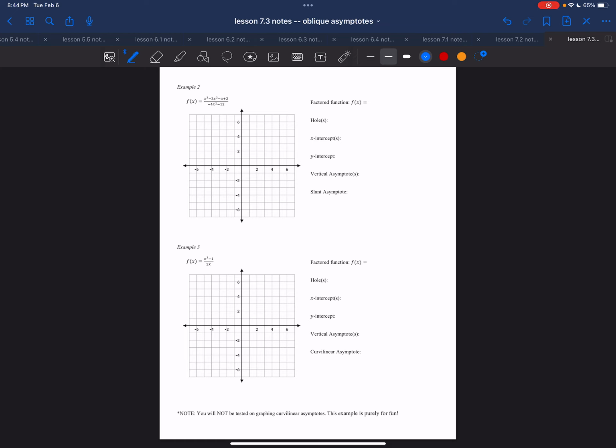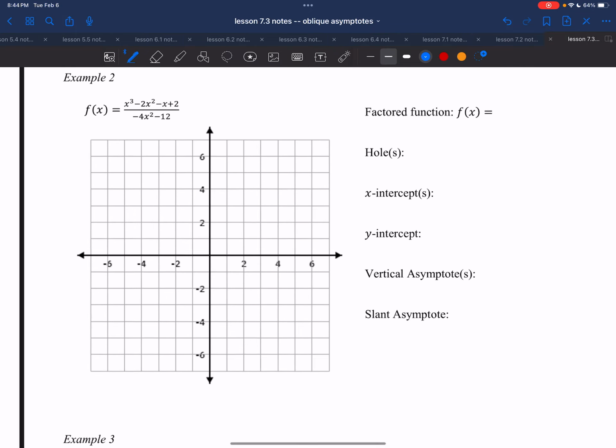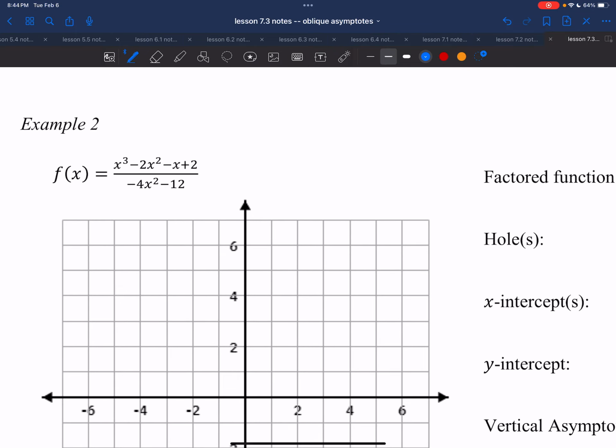Example 2 and example 3, well, I just can't help myself, guys. It's just too cool, right? I just have to. So I do encourage that you follow along and keep watching. But hey, if you think you got it, give the homework a try. Have fun with it. But I really want you to see example 3, so please stick around, or at least skip to that one.